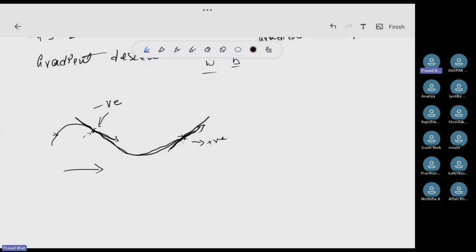Now imagine that you are somewhere on a hill, blindfolded. Your goal is to reach the valley point or the foot of the hill, but you are blindfolded, so you don't know which direction to go. How do you assess whether you are going in the right direction or not?